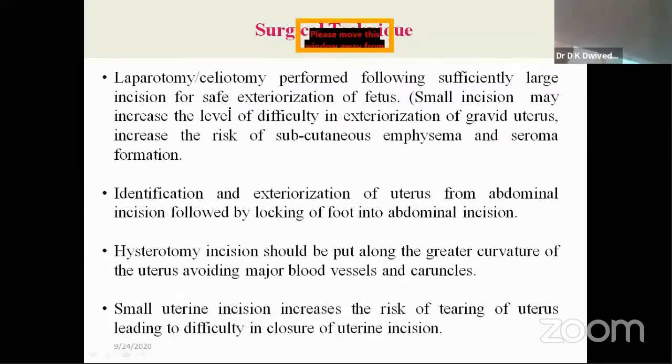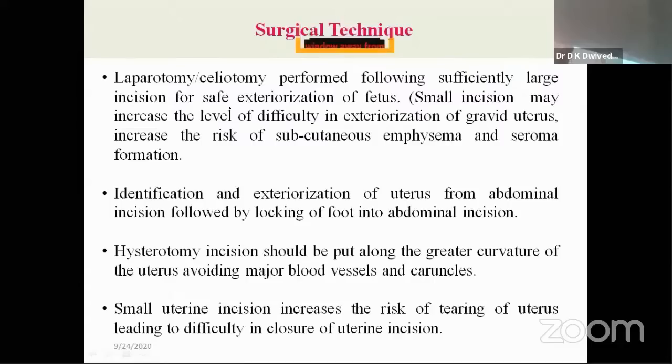Now, after exteriorizing the uterus from the abdominal incision, you have to put the hysterotomy incision, or the incision over the uterus. You have to put the incision along the greater curvature of the uterus. While incising the uterus, you have to avoid the major blood vessels and caruncles. Okay.